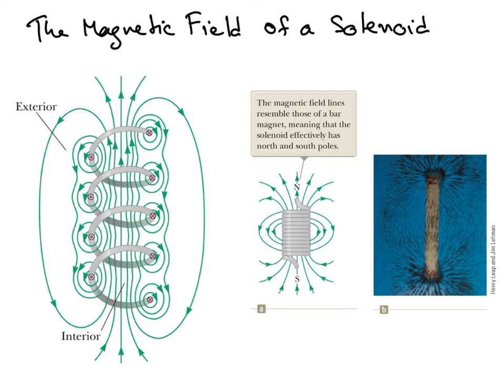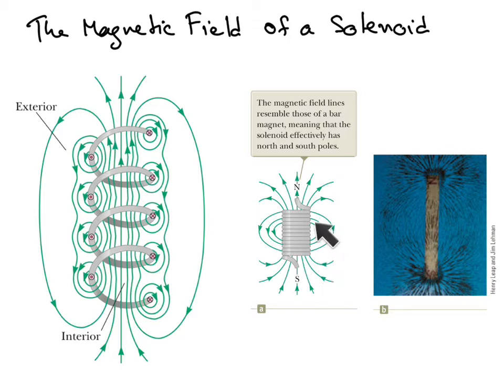So we also call the solenoid an electromagnet. It means that we can produce a magnetic field that is very similar to that from a magnet by passing an electric current into the solenoid.